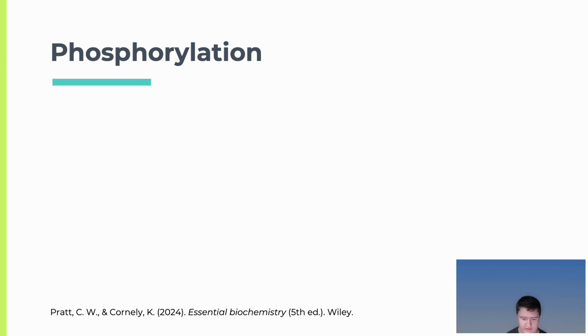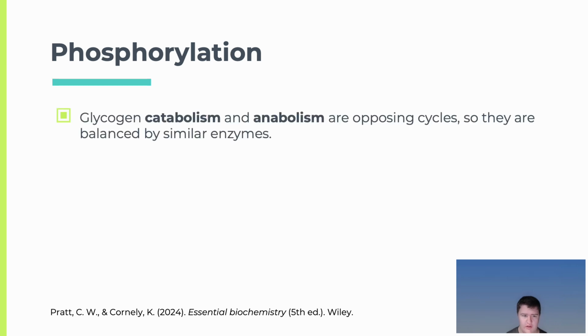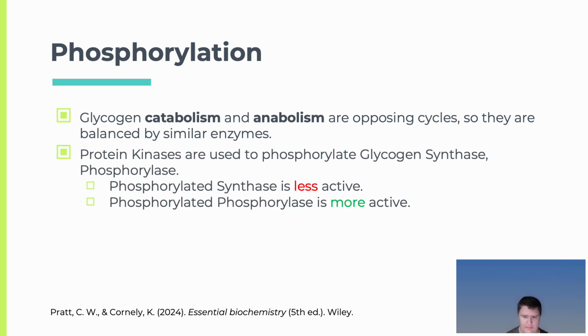All right, so when it comes to phosphorylation control, the important thing to remember is that we have catabolism and anabolism that we can do, but they are opposing cycles, and so we really only want one at a time. But we can take advantage of the fact that they're opposing cycles and use similar enzymes to control them. The most common ones we see are protein kinases. So we can phosphorylate both glycogen synthase and phosphorylase.